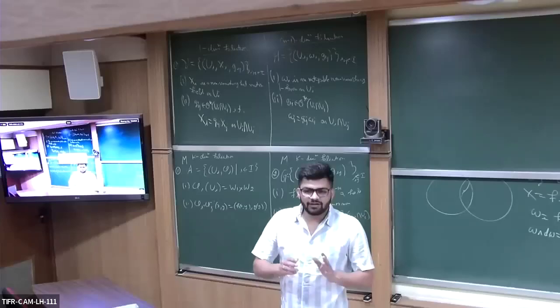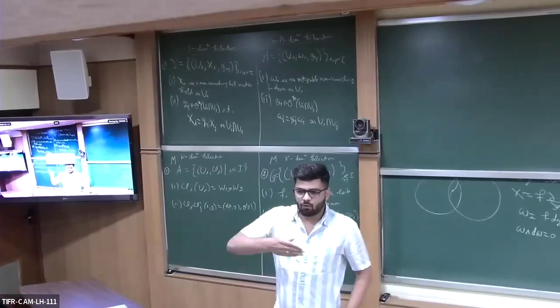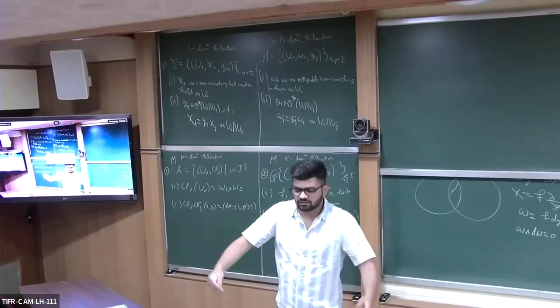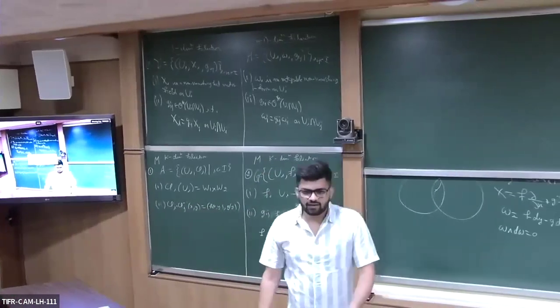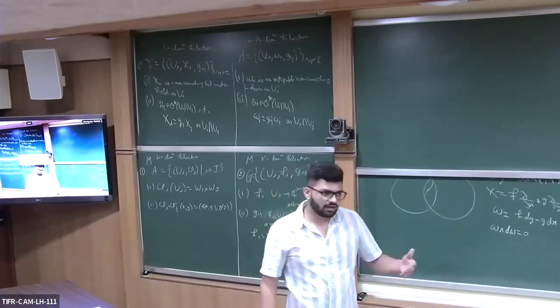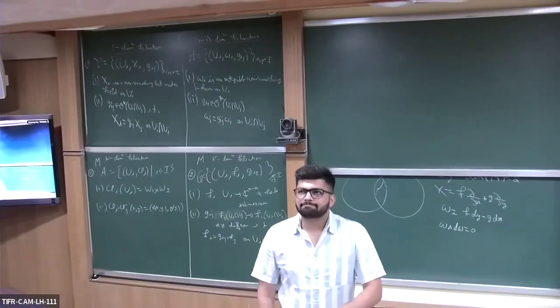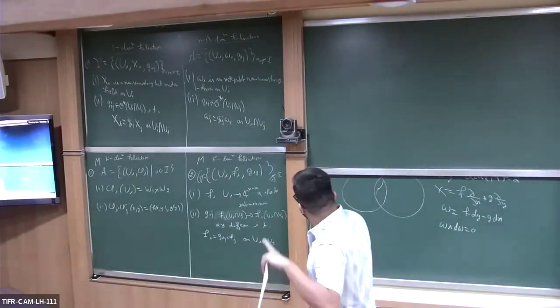So until now we have assumed that there are no singularities. All the leaves that we were thinking of had the same dimension. Now if we allow singularities, the objects could have different dimensions.